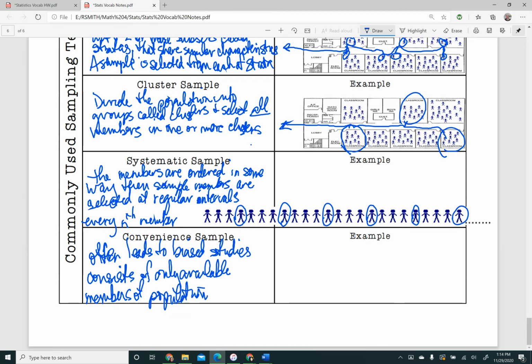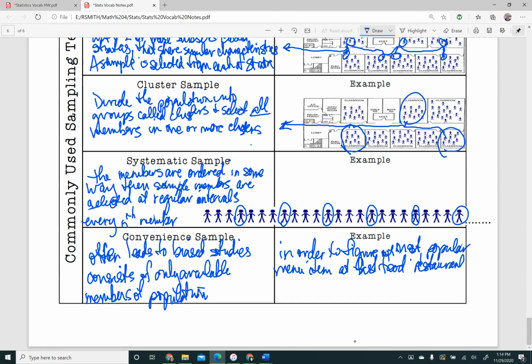So in order to figure out the most popular menu item at a fast food restaurant, you go home and survey your family members.